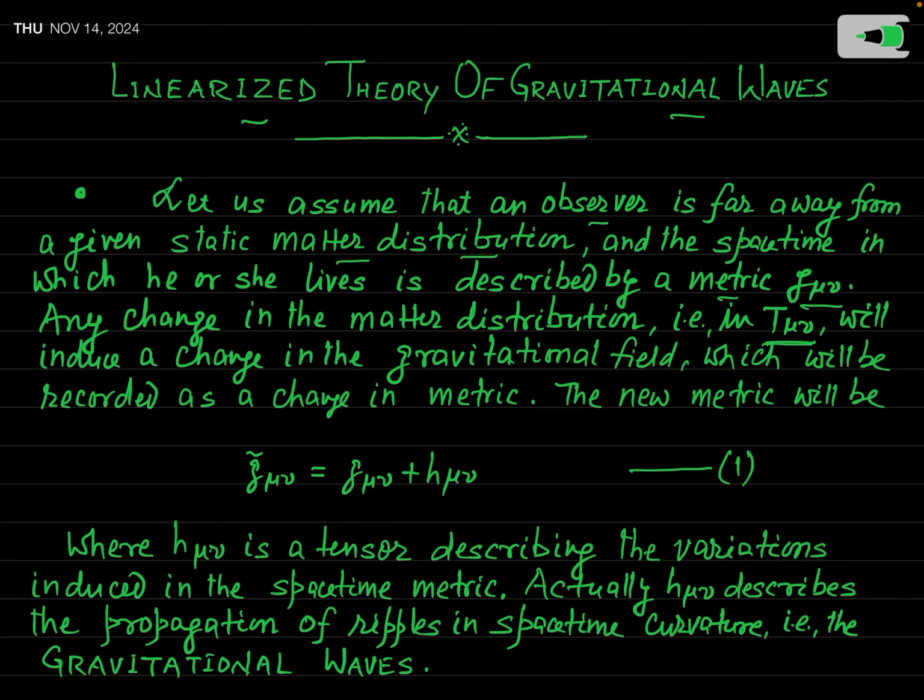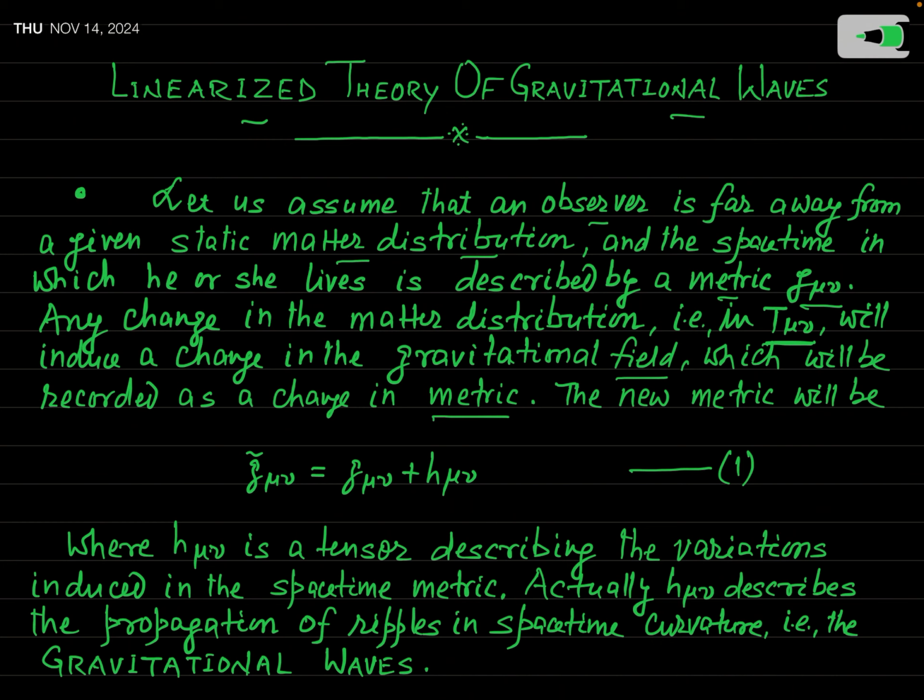And the change in this material energy tensor actually induces a change in the gravitational field. And this change in gravitational field will be recorded as a change in the metric. So due to the external perturbation, what will happen?